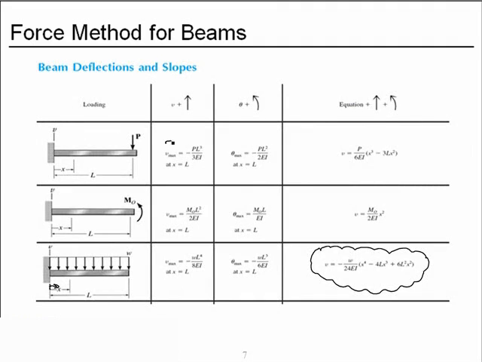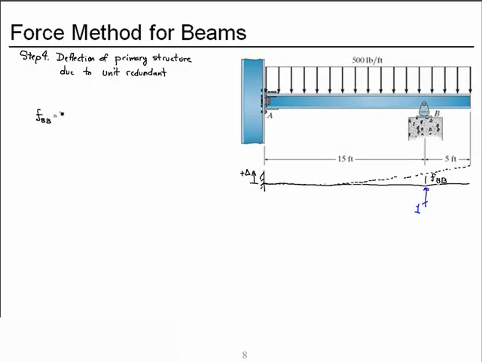So we'll be able to use this relationship, minus PL cubed over 3EI, as long as the L we use is the distance to the unit redundant. So we have minus PL cubed over 3EI. That's going to equal minus, now we have to be very careful with our sign convention.